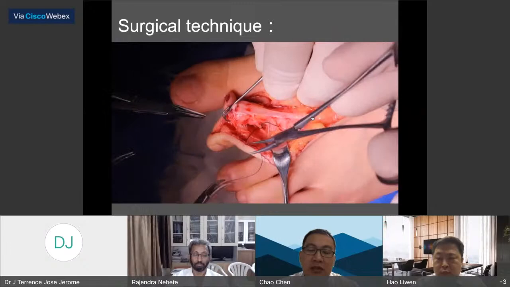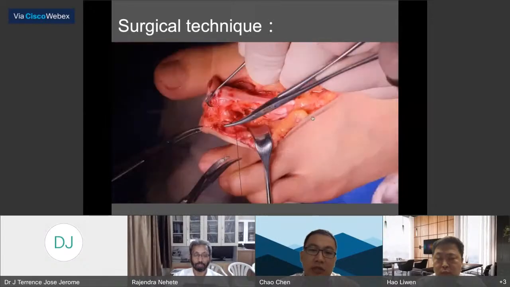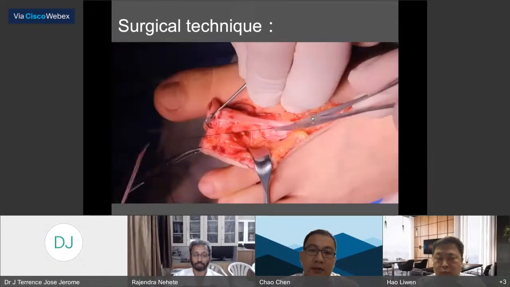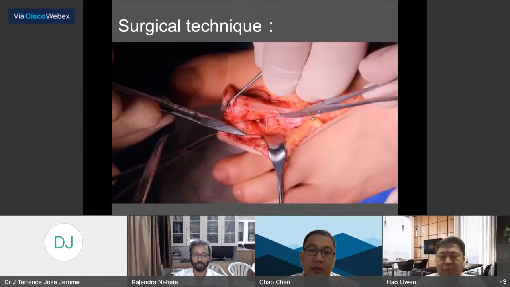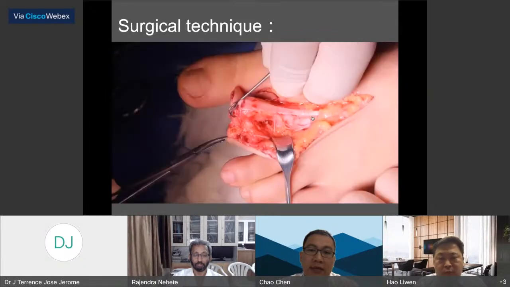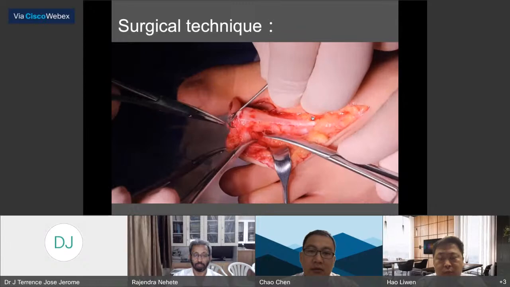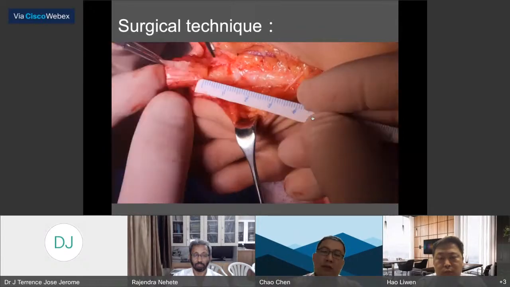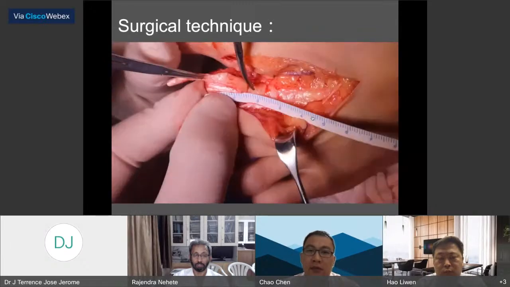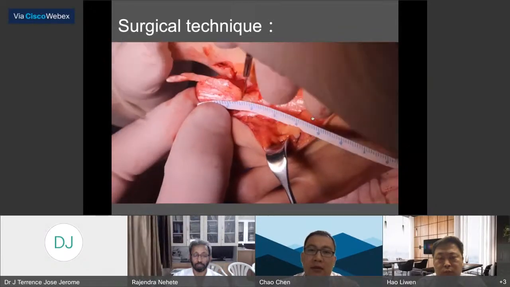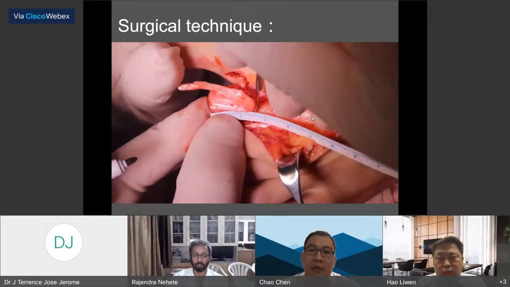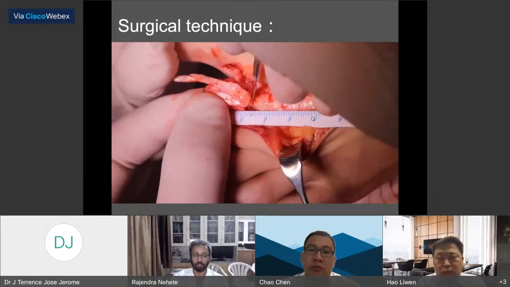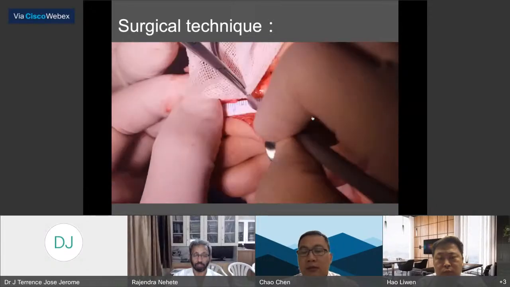That's good. And we ligated the branches to the skeleton and divided. And then we cut the extensor tendon on the proximal side and measure the proximal osteotomy site.